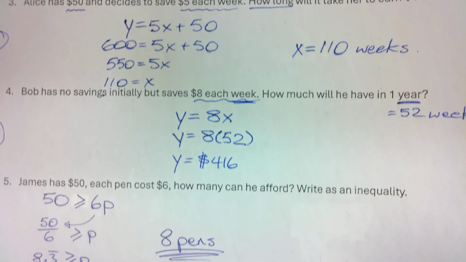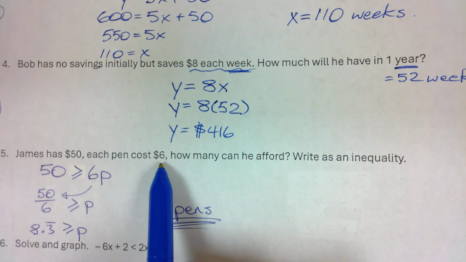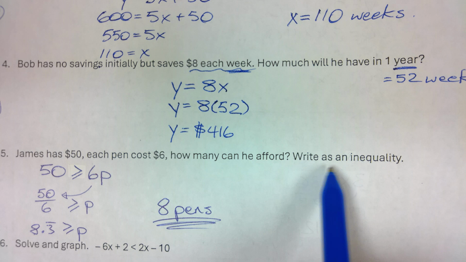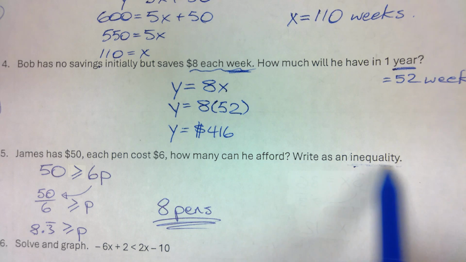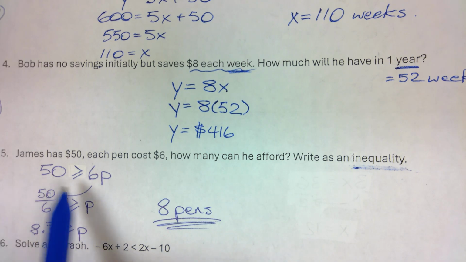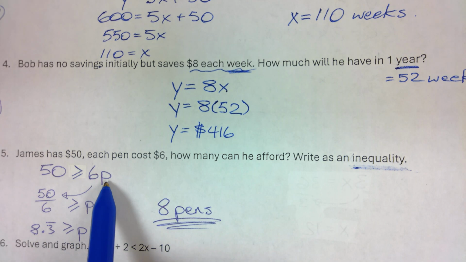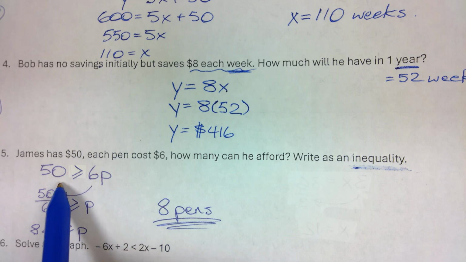Okay. Number 5, James has $50. Each pen costs $6. How many can he afford? Right? As an inequality. So instead of an equal sign, I want the greater or less than symbol. So $6 per pen, and I know that it has to be less than $50.